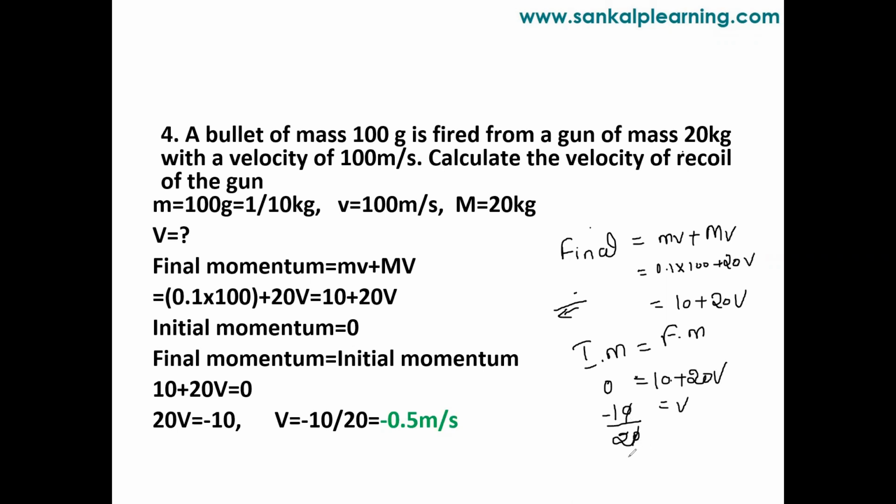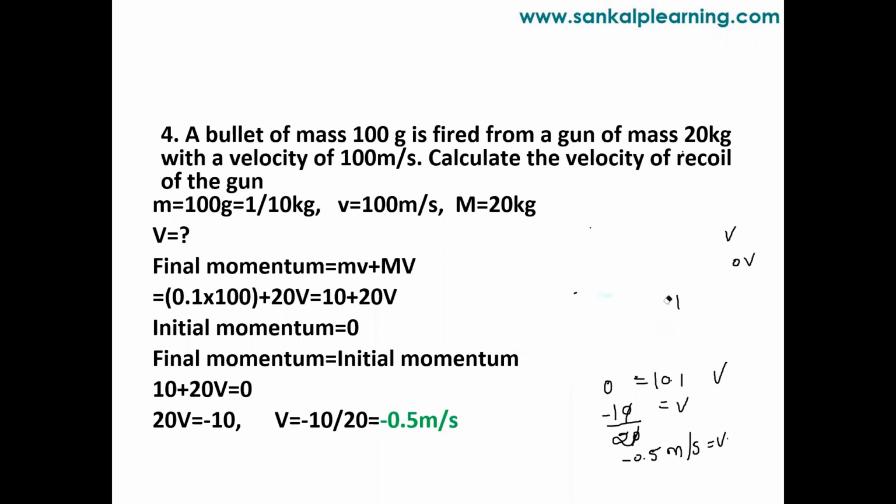So the zeros will get cancelled. Minus 1 by 2 is nothing but minus 0.5 meter per second. This is the velocity, called the recoil velocity. As they have asked you to calculate only the recoil velocity, this much calculation is enough.